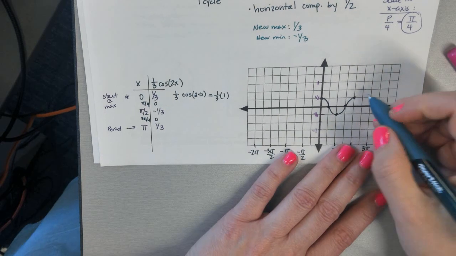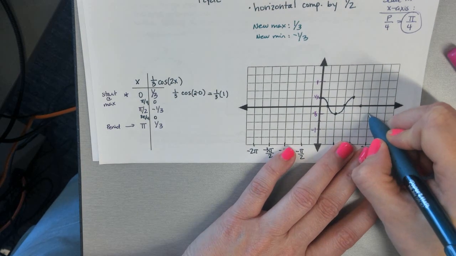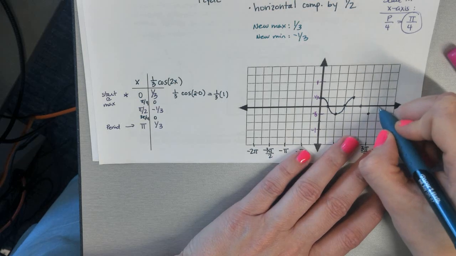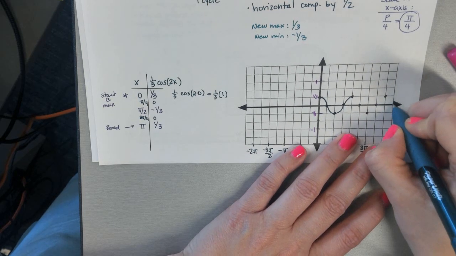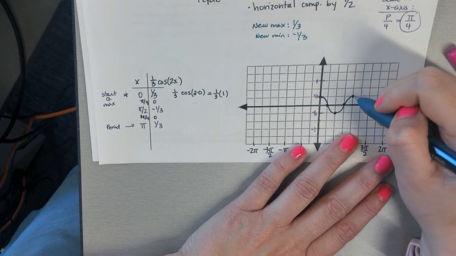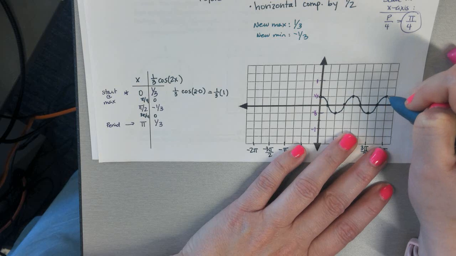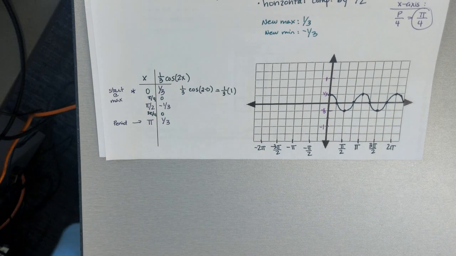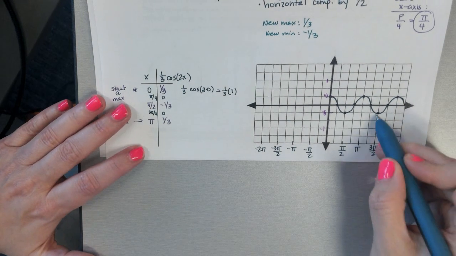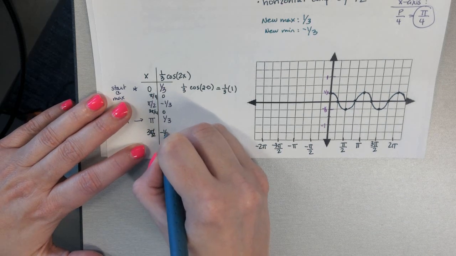1/3. So now I'm going to go to what? 0. Then I'm going to go to negative 1/3. Then I'm going to go 0. Then I'm going to go positive 1/3, then I'm going to be at 0 again. So just again, make sure you have this with a curve. Okay? And then we're going to keep going. So, like you could see here, at 3 pi over 2, I'm at negative 1/3.